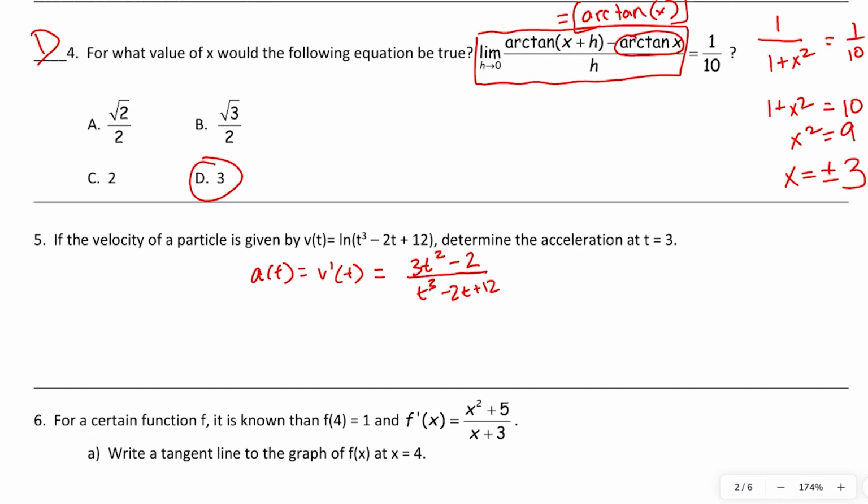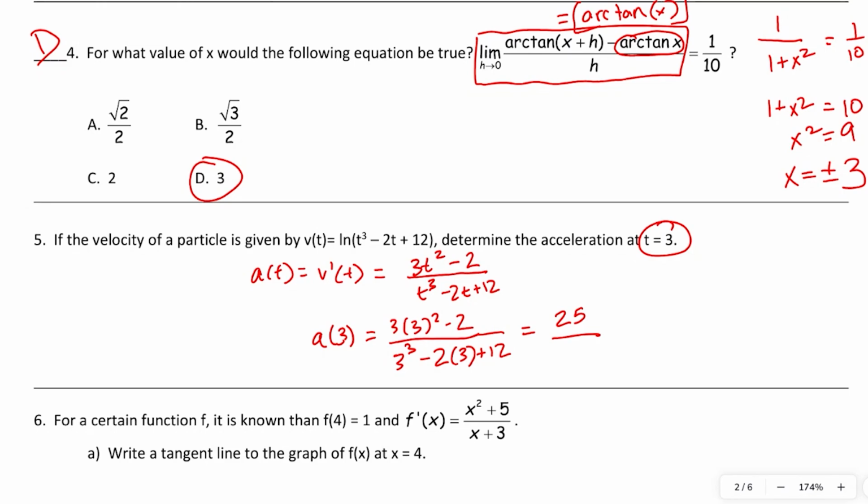Now, if I want to evaluate that when t is 3, I'm going to evaluate a of 3, which is going to be 3 times 3 squared minus 2 over 3 cubed minus 2 times 3 plus 12. So 3 times 9 is going to be 27 minus 2 is 25.